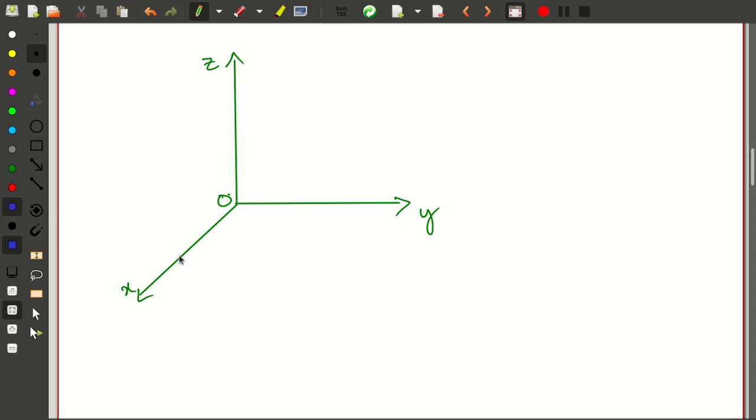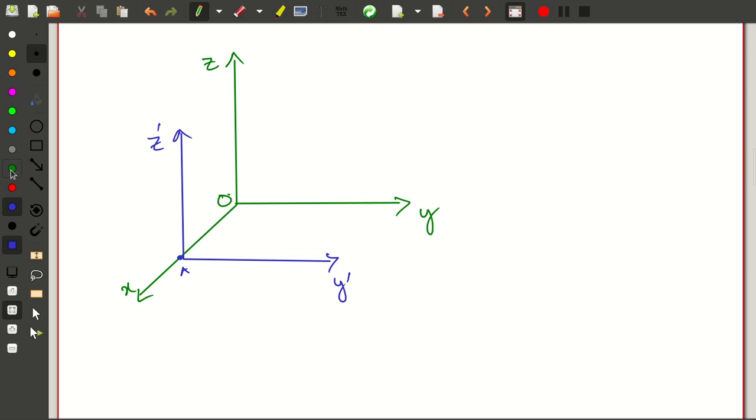Now the takeoff point, let it be here A. So the YZ plane, if you look at it, is here, y dash, z dash, and the takeoff. So this is P, and this is Q.